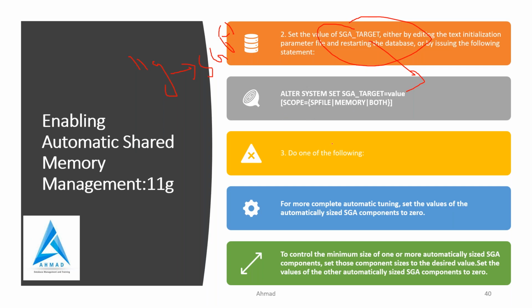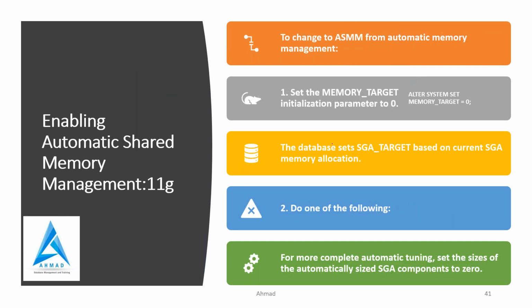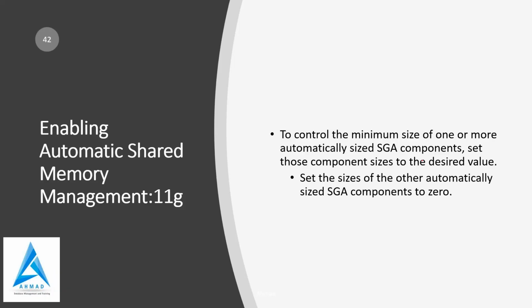So this is the way you can enable SGA management in your 11g. But suppose you want to enable automatic memory management, then you need to set memory target, and if you are not setting memory target, then it will take 0, and the database will take the value of SGA target at that time. So these things you have to remember.